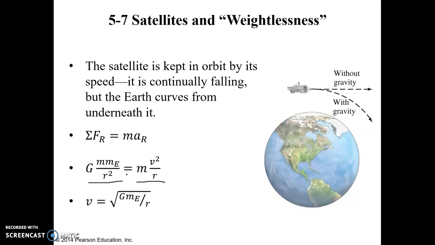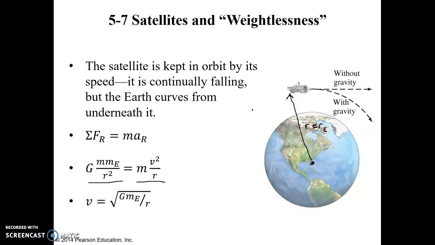So this equation is true for what we call low orbit satellites that are relatively close enough to the surface of the Earth that we will consider their height, or the r value, to be approximately equal to the radius of the Earth itself.